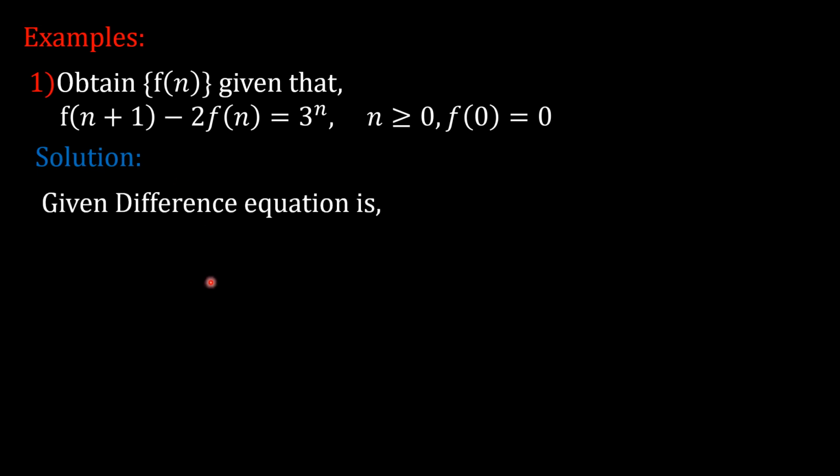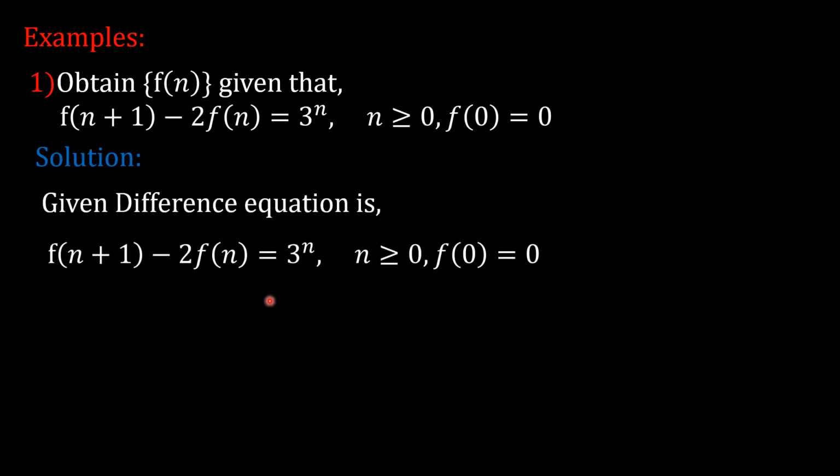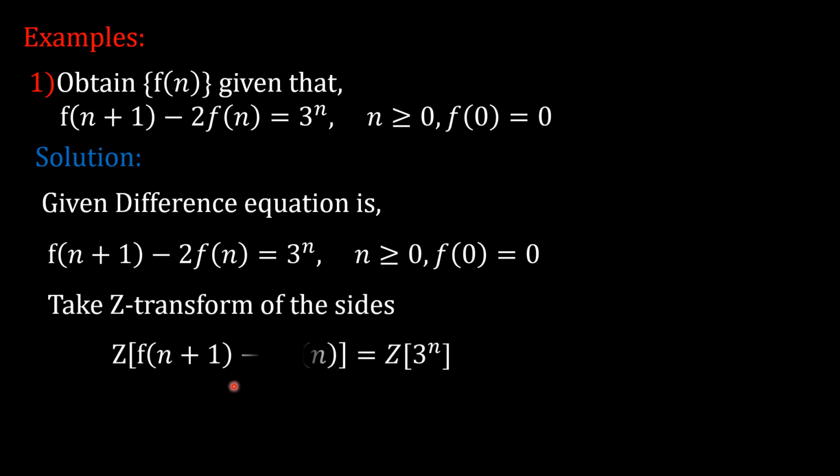Whatever difference equation is given to us, operate the Z transform operator on both sides. That gives us Z transform of f of n plus 1 minus 2 into f of n equal to Z transform of 3 raised to n. On the left hand side, use the linearity property.